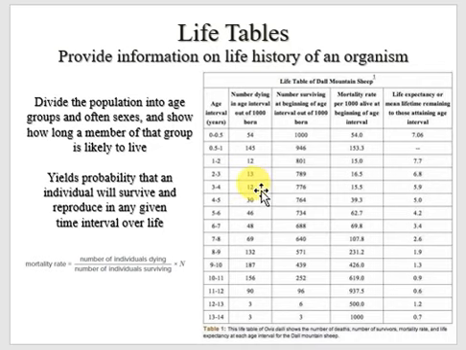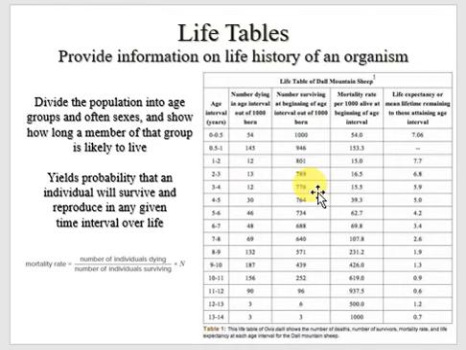Actually, sorry, 12 individuals of the 776 individuals die out, because that's how many have survived to this age bracket. So in general, there are 776 individuals that have survived from the original 1,000.